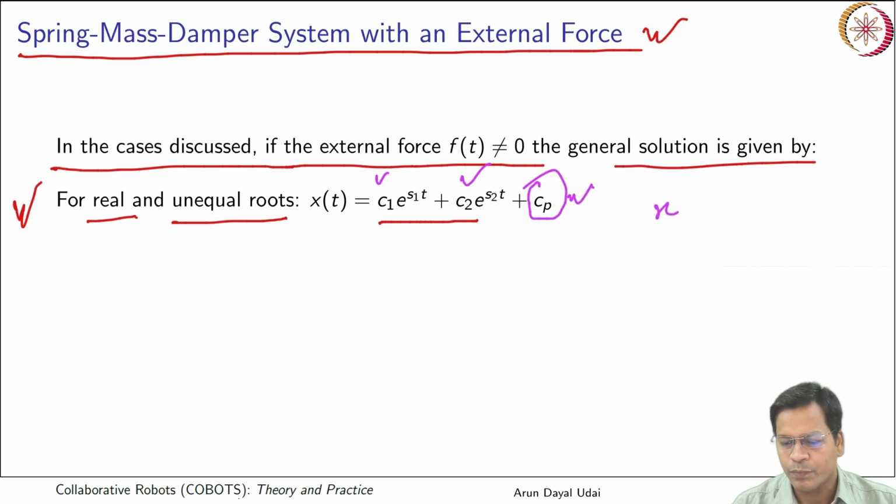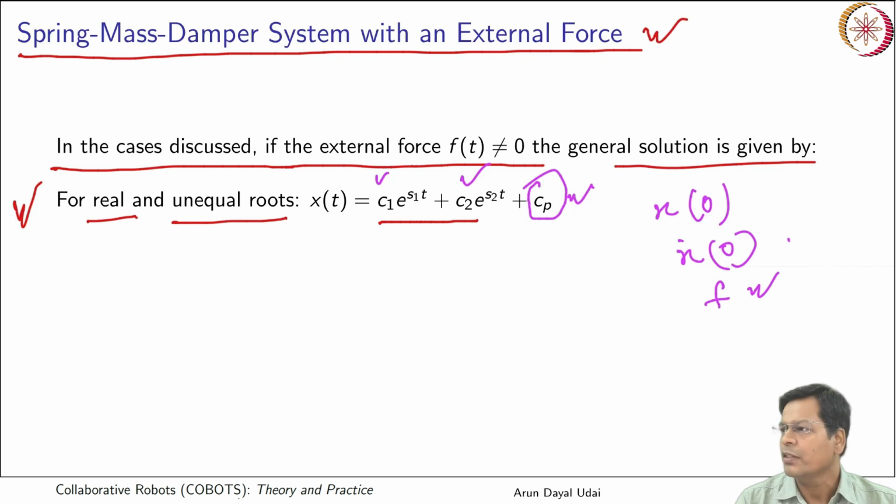So you should know x0, you should also know x dot at 0, and at t equal to 0 you should also know the force value f. If you know the third condition, you can get the third constant. These two will determine C1 and C2, whereas this one will directly affect this term, and all three constants will be calculated using three boundary conditions. So that is for real and unequal roots.